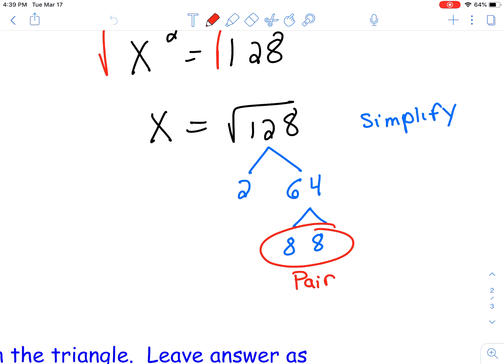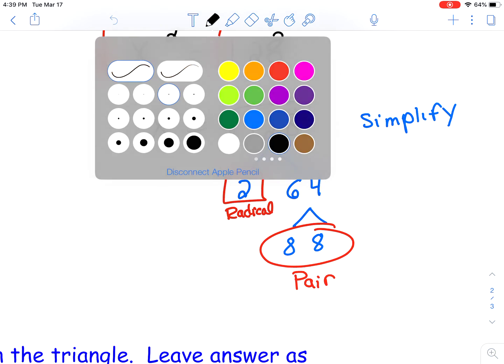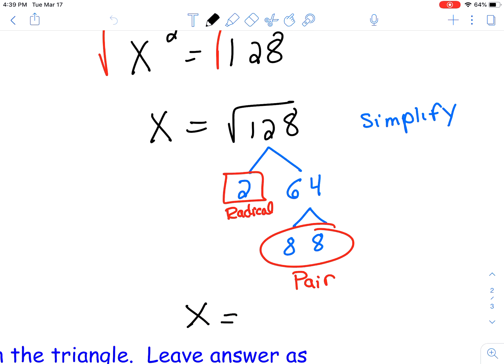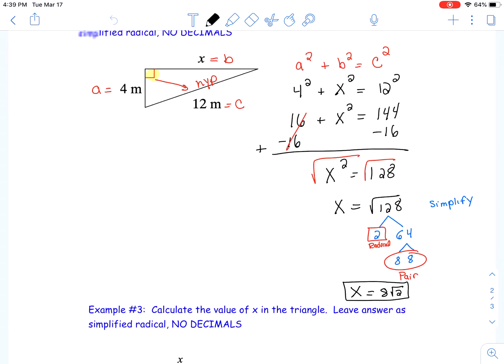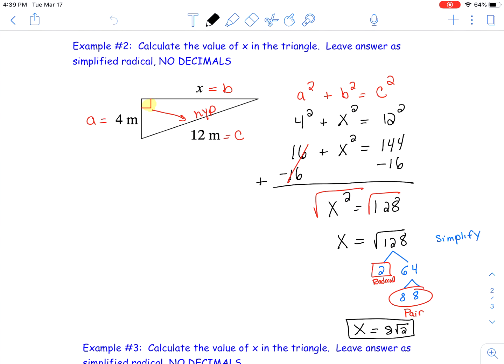Because it's the square root, we're looking for pairs. I'll take an 8 out of the radical and I will leave a 2 under the radical. So this will simplify down to x is equal to, take out an 8, leave a 2 under the radical. So that means one of my legs will be equal to 8 radical 2.